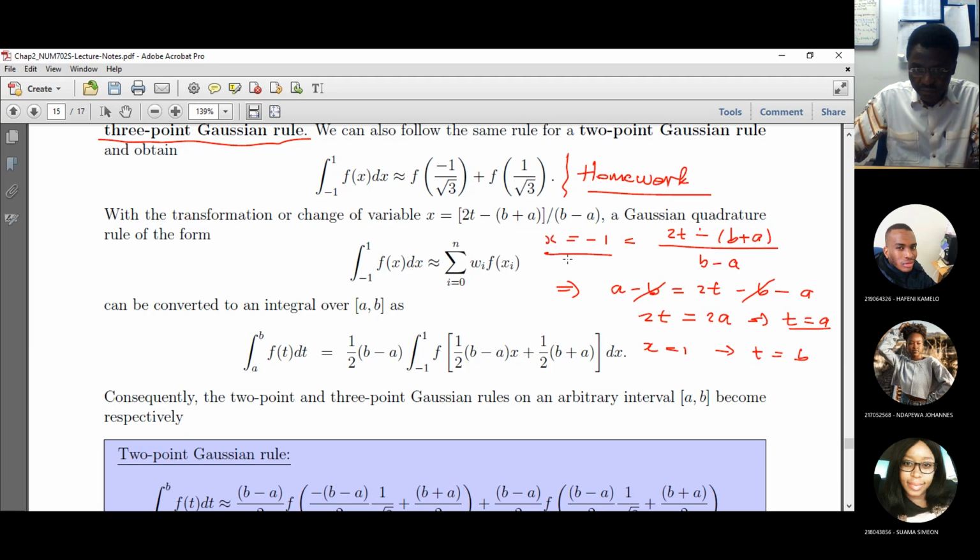Now if I take dx, it will be 2 by this. So from this, if I take the differential, the differential of this will be 0, and the differential of this will be 2 by (b minus a) dt. So that's what we get for the dx.